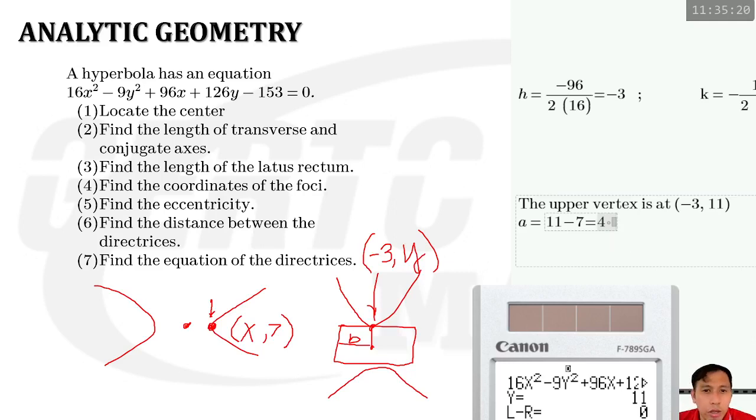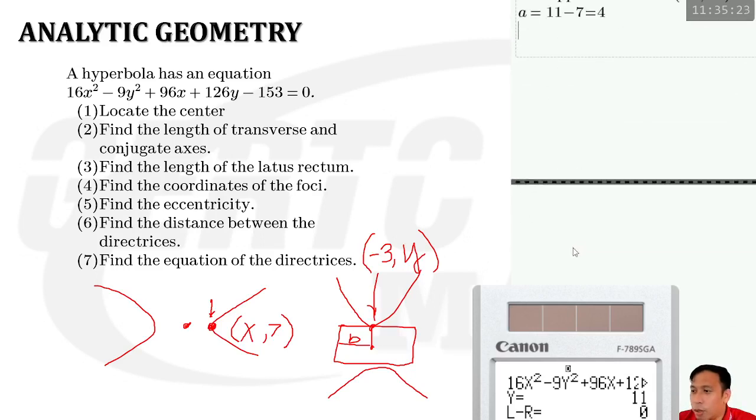So this would become a form like y minus k squared over a squared, minus x minus h squared over b squared equal to 1, no?